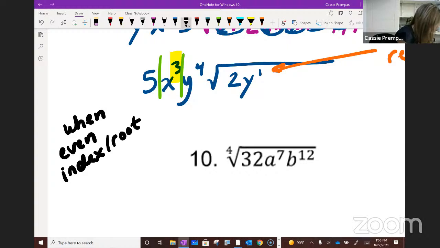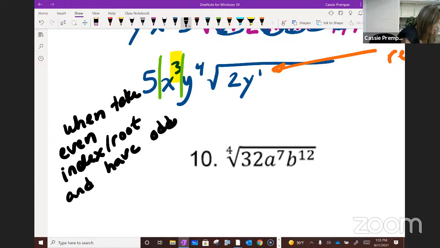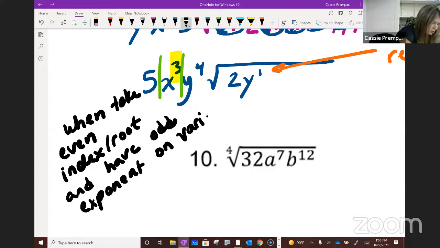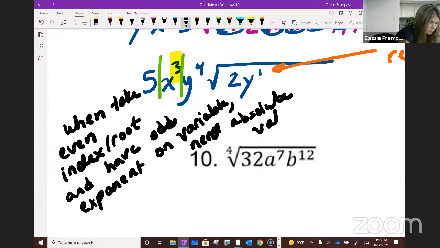What did I say last class? Let's say when you take an even index or root and you have an odd exponent on the variable, you need absolute value symbols.